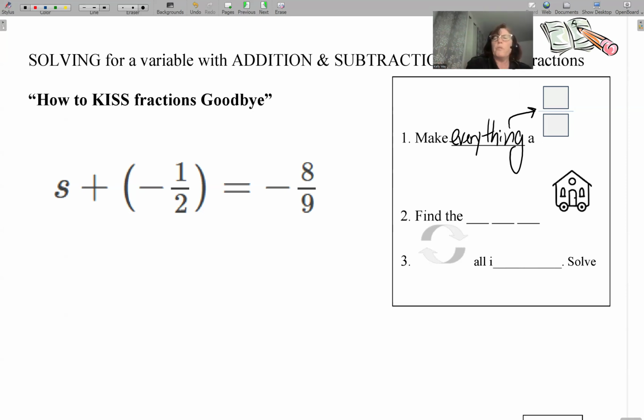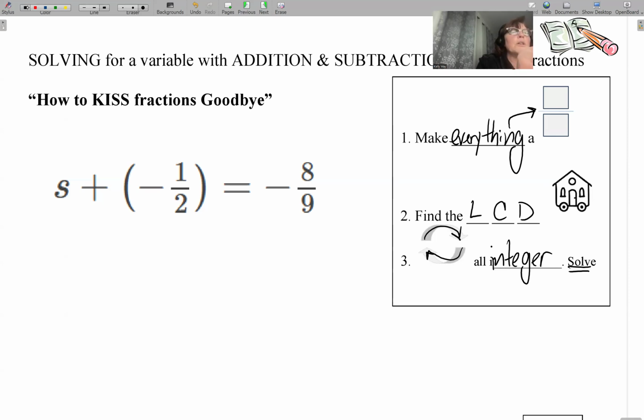Step 2, you're going to find your lowest common denominator. So you look at the denominators and you find your tiny home. Last, you go arrow in, arrow out, and you get everything into integers. It's positive and negative numbers, whole numbers. And then you solve. I'm going to do 2 problems with you following those steps.